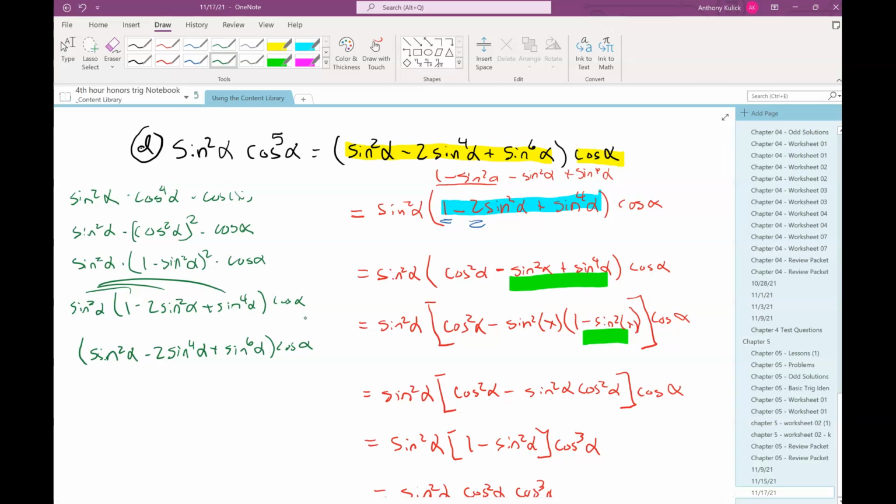Now maybe you had to be a little bit clever to pull that trick to say cosine to the fifth, I'm going to make cosine to the fourth times cosine. But if you're able to see that, from there, it wasn't too bad.